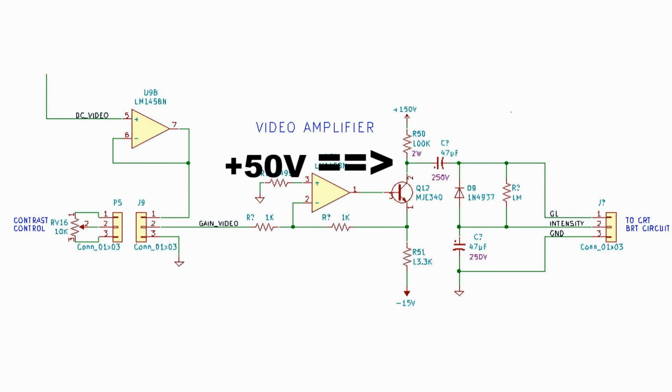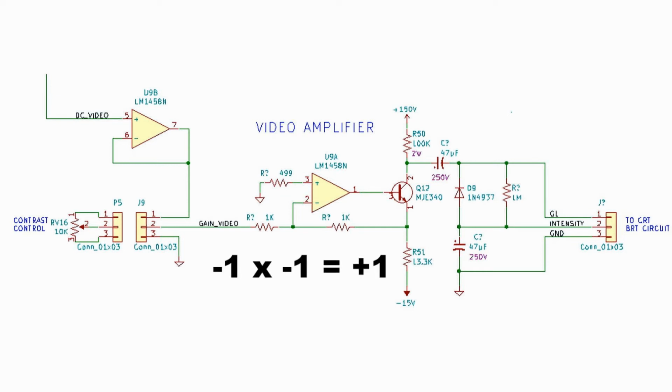When the video signal on pin 1 goes negative, this causes the current to decrease. As it drives negative, there's a smaller voltage drop across R51, and this causes less current to flow through the emitter and collector circuit, causing less voltage drop across the 100K, and the voltage at the collector now goes more positive.